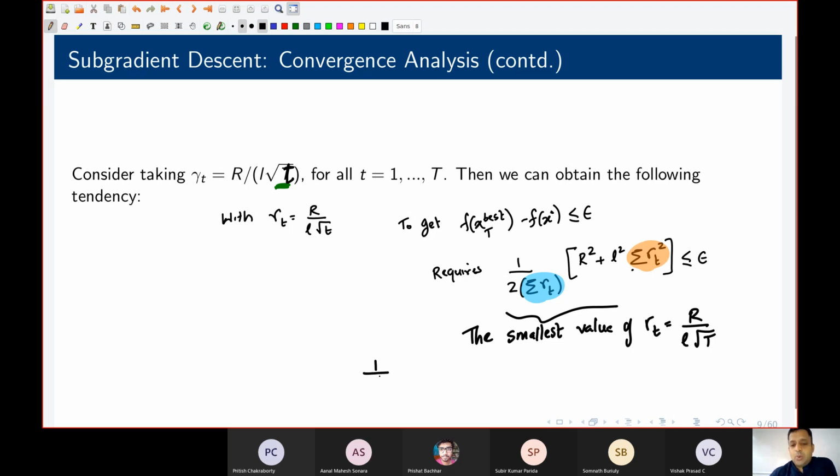We'll get 1 upon 2 t times, you'll have 2 r square root t by L, something like this, r square plus L square, and this will be simply r square by L square.